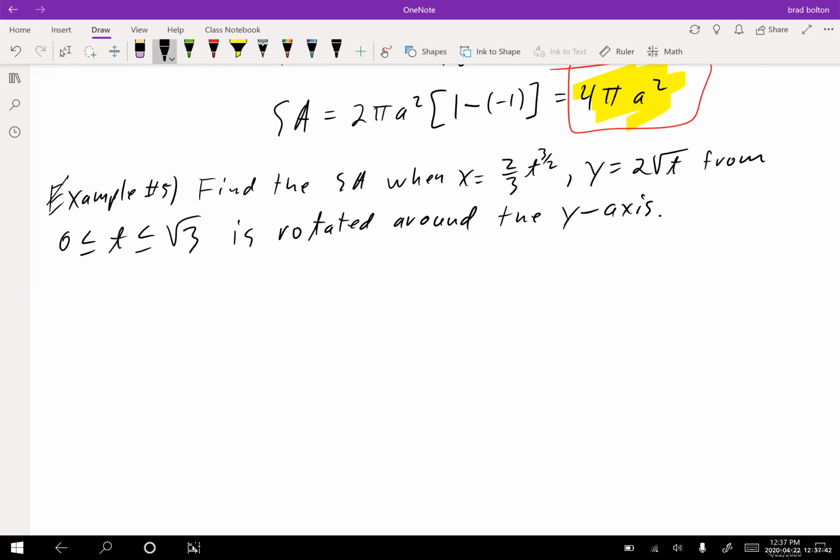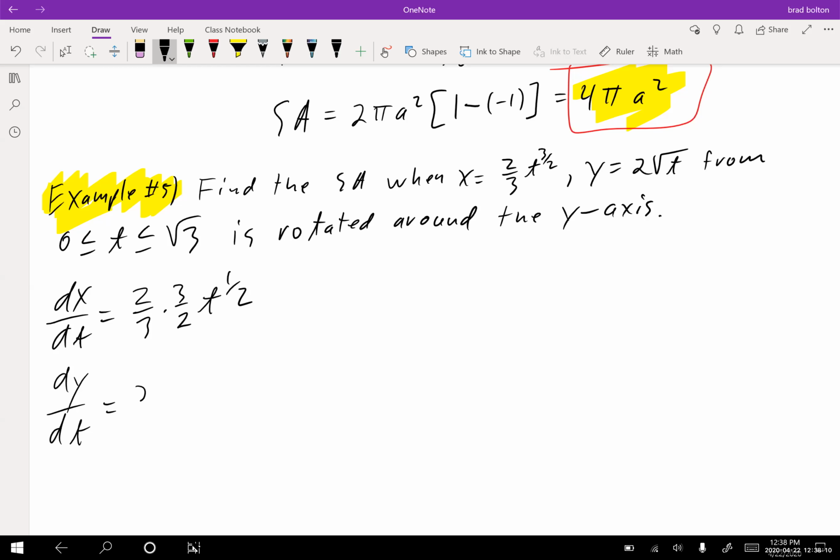This is example 5. Just like before, we know we're going to need our arc length formula, so we need dx/dt, which is 2/3 times 3/2 t to the 1/2, so this becomes t to the 1/2. And dy/dt is going to equal 2 times 1/2 t to the -1/2, so this will become 1 over t to the 1/2, or we could leave it as t to the -1/2.